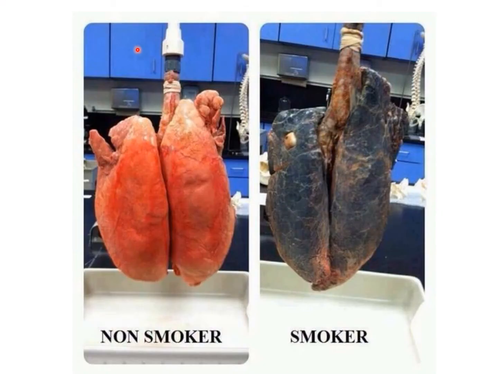As you can see, I have here two pictures of the lungs. The lungs on the left side are the lungs of a non-smoker. It is a healthy pink lung. It looks pink because it does not have the effect of inhalation of smoke or tar. On the other hand, on the right side, you can see a picture of a smoker's lungs.